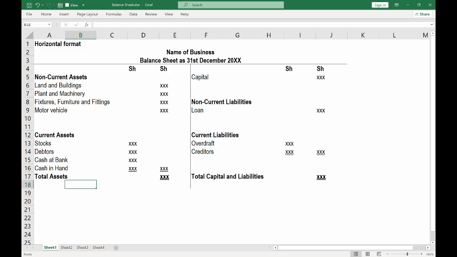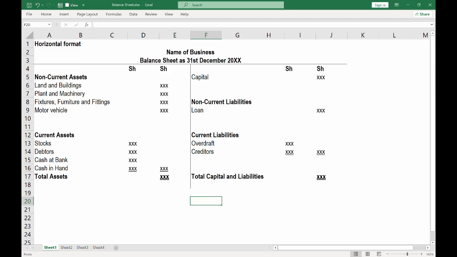We derive this format from the accounting equation, where we know that assets equal liabilities plus equity. The accounting equation, also known as the basic accounting equation, forms the foundation for all accounting systems. In fact, the entire double entry accounting concept is based on the basic accounting equation.